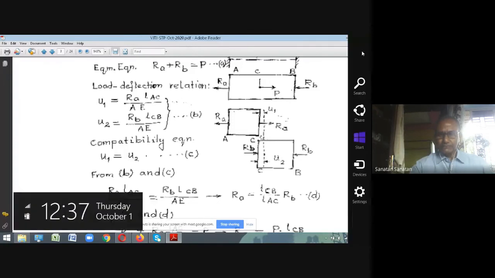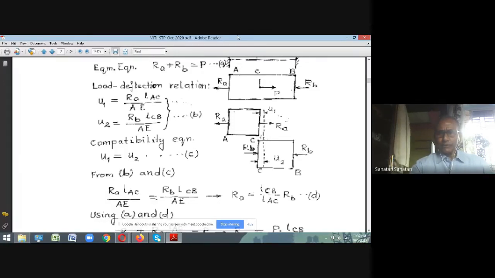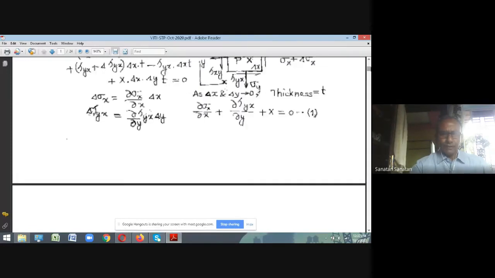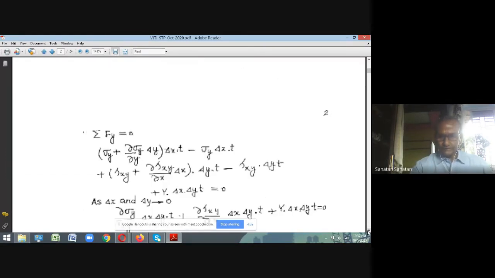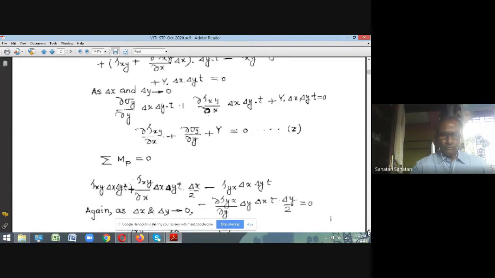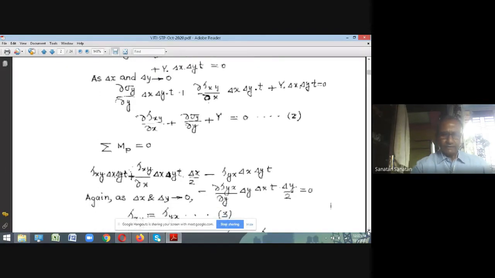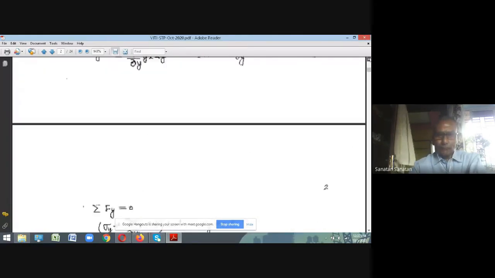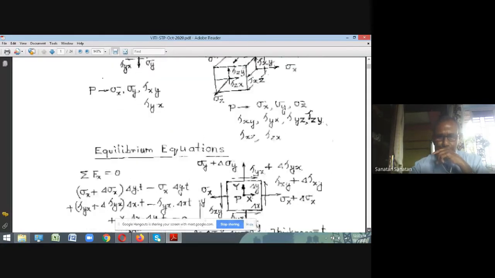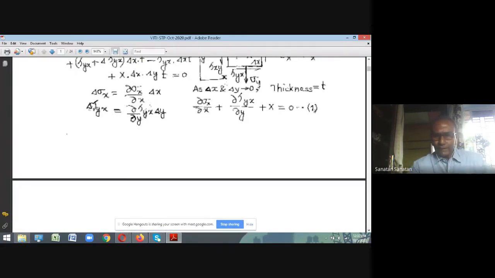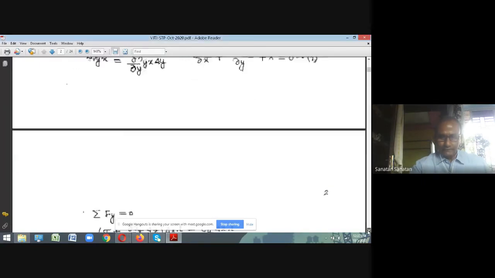In fact, in the case of stress analysis, we have exactly the same situation. Look at this. What I was talking about a little while ago, these two governing equations that we have finally got from equilibrium considerations, equation 1 and equation 2. Equation 1 was written a little earlier, and this is equation 2, the equilibrium equation in the y direction.